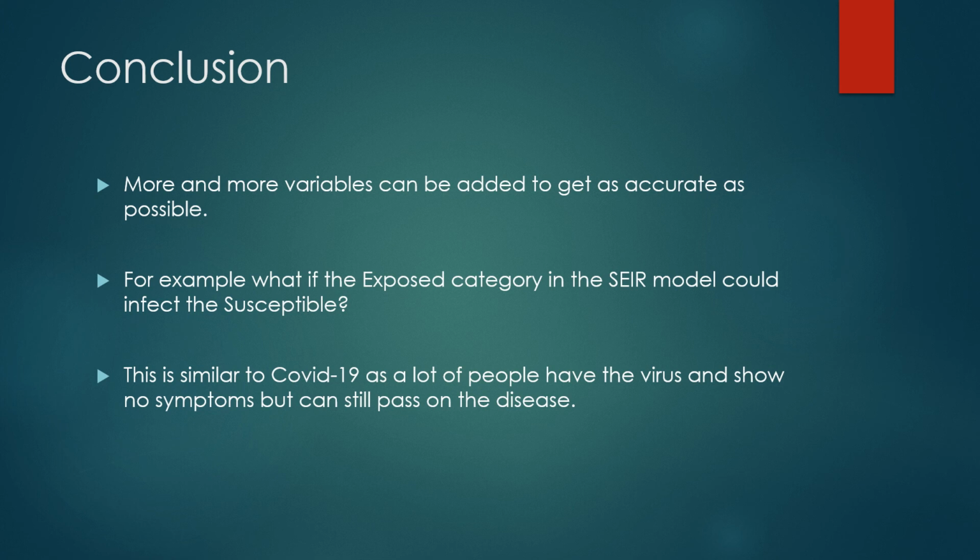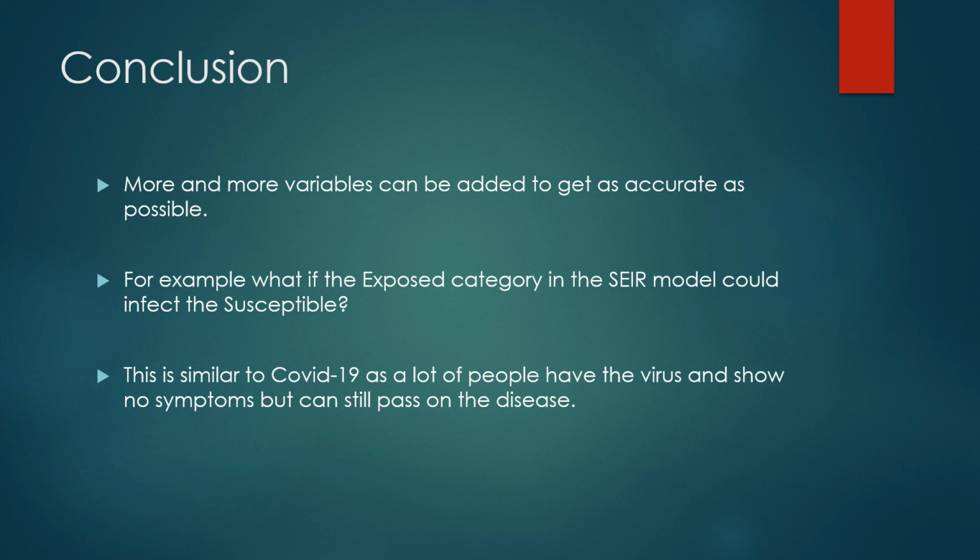So if we add to the SEIR, we can add to the fact that what if an exposed could infect? We assumed earlier on that exposed cannot infect, but what if you have no symptoms and can infect? This would represent a lot of people who have coronavirus, as a lot of them don't show symptoms, so they would come under the exposed category, but they can infect other people.